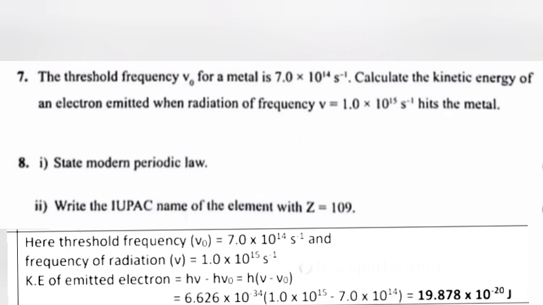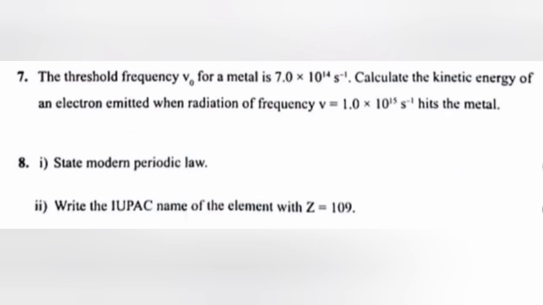Kinetic energy of emitted electron = hν − hν0 = h(ν − ν0) = 6.626 × 10^-34 × (1.0 × 10^15 − 7.0 × 10^14) = 19.878 × 10^-20.